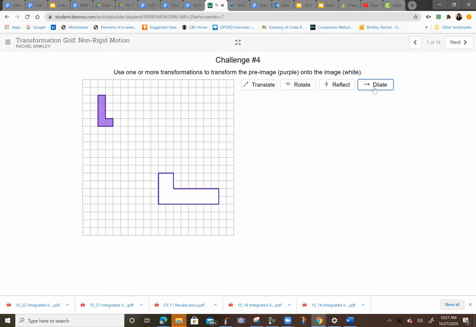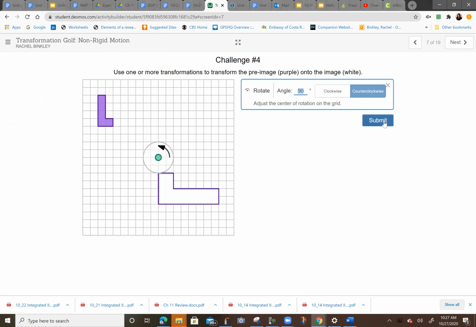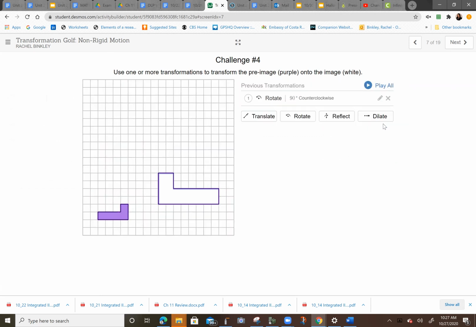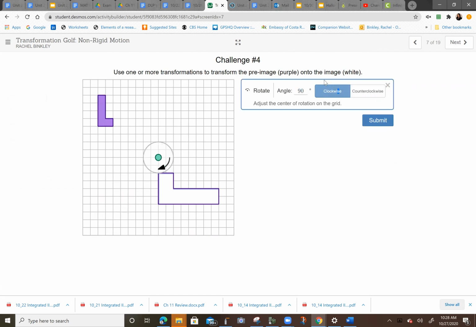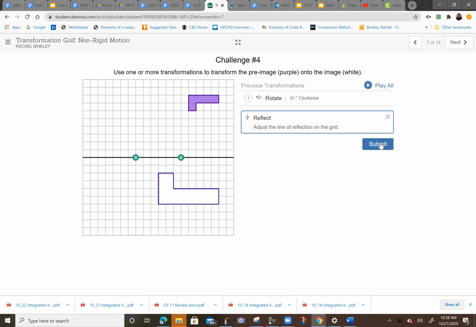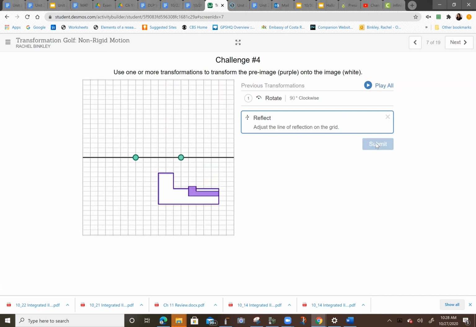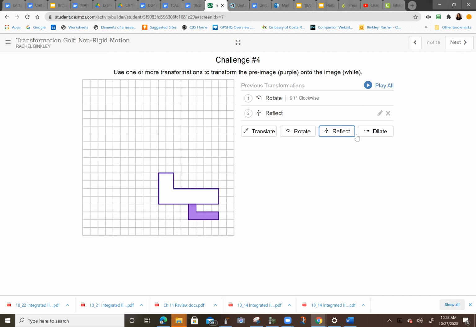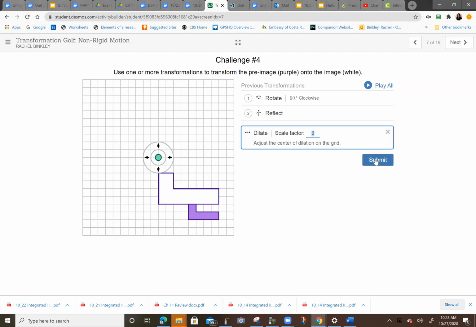There we go. Oh, this is a good one because I have to rotate it. But first, let's see what happens when I rotate it 90 degrees. I want to rotate it 90 degrees clockwise. Okay, now I have to flip it over. To flip something over, you need to reflect it. Cool. Now I need to make it 2 times bigger, and let's see where it ends up.